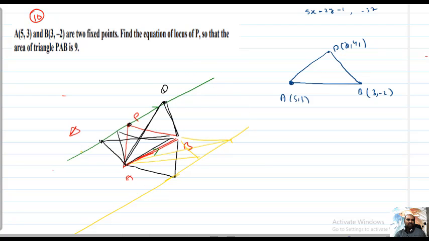Every point on this straight line will satisfy, and every point on this straight line will satisfy. In plane geometry sense, the locus is nothing but a pair of straight lines, which are parallel to each other and parallel to AB, and which are on either side of AB. But in this problem, we want to find the locus equation, the equation satisfied by these points. After that, we need to multiply those two.